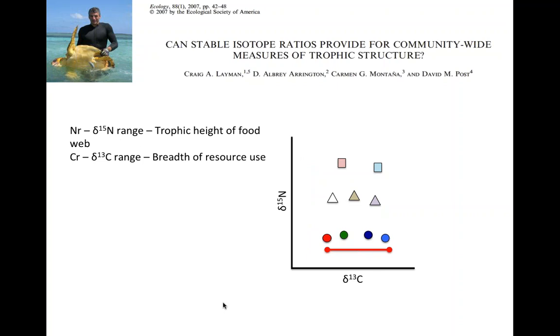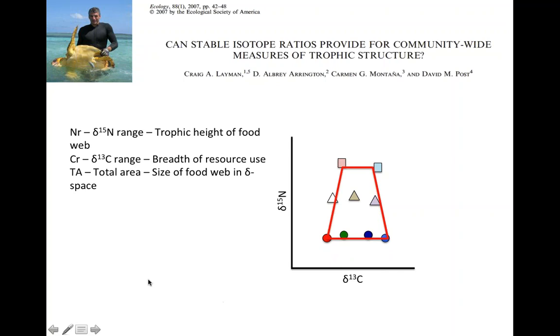So that's giving you the full range of energy sources and resources that are coming into the food web. TA, which is total area, is a convex hull or a polygon which covers all the outer members of the food web. So it's essentially a measure of the size of the food web in delta space, in isotope space.